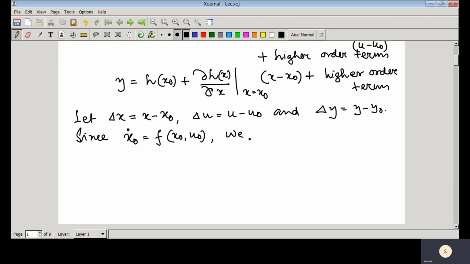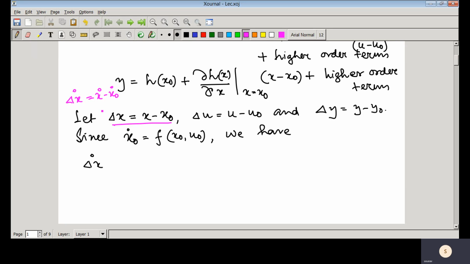So for this perturbation, if you take the derivative, delta x dot equals x dot minus x0 dot.